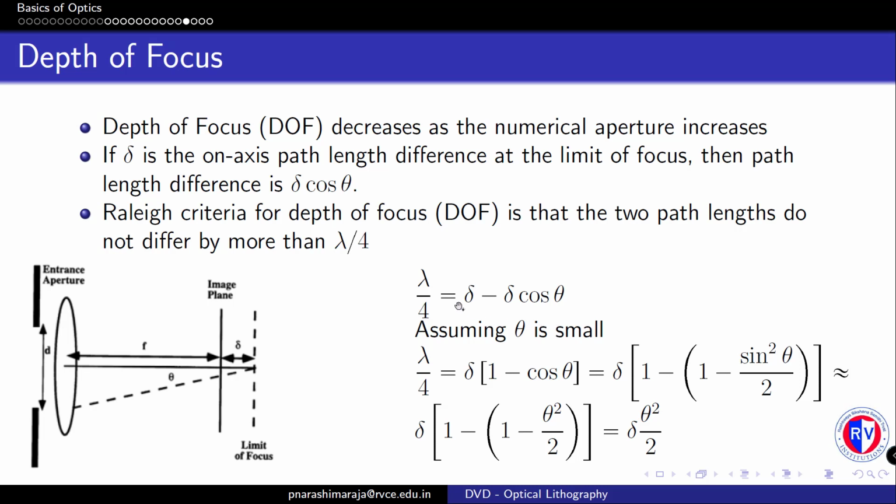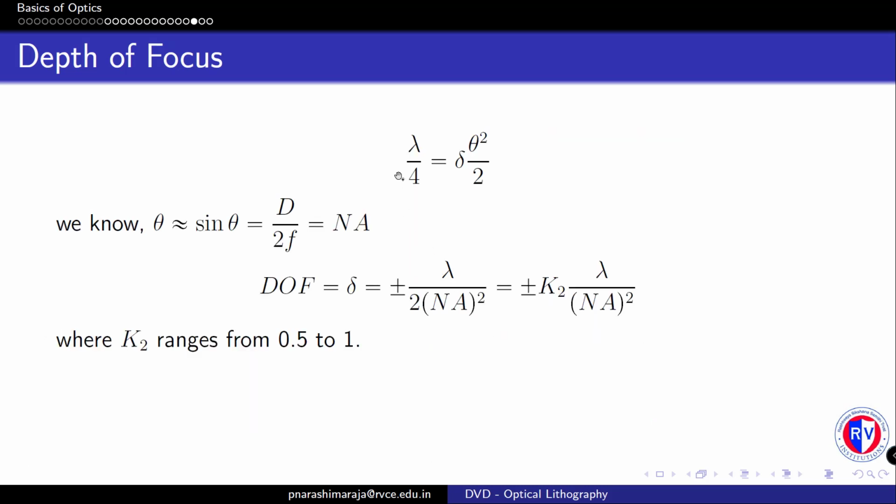Now again one can do some algebra and use some trigonometry to further simplify this expression, such that lambda by 4 is at least equal to del times theta squared by 2. Now it is this del that defines the depth of focus.